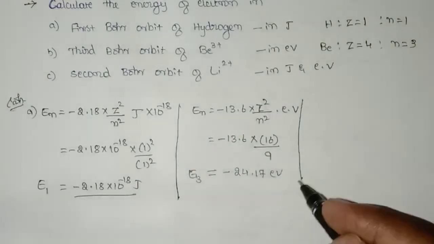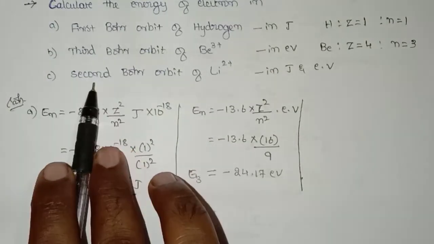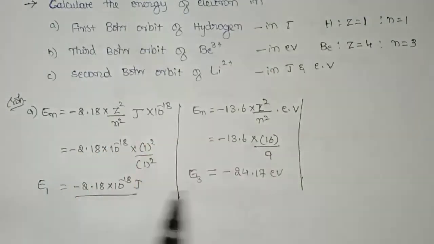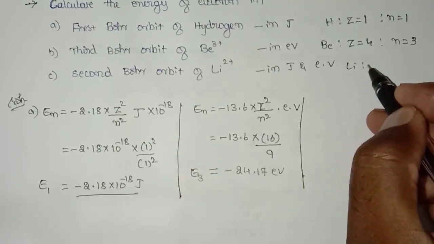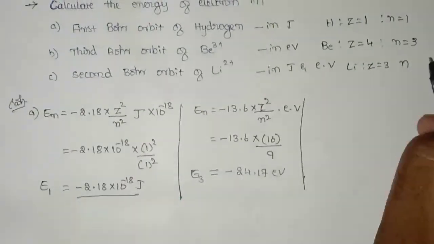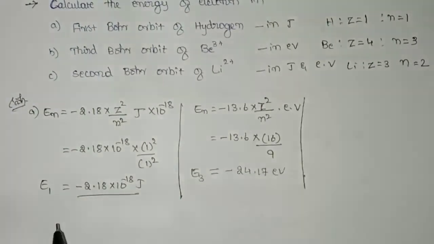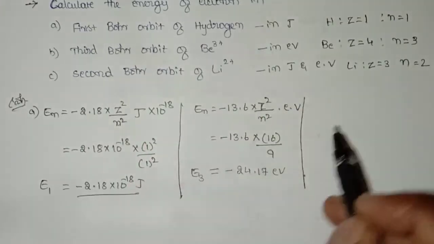So let us solve the last one, that is the calculation of energy of an electron present in the second Bohr orbit of Li2+. For Li2+, the value of Z is 3, and since we are talking about the second Bohr orbit, the value of n is equal to 2. We should calculate in both joules as well as electron volt.